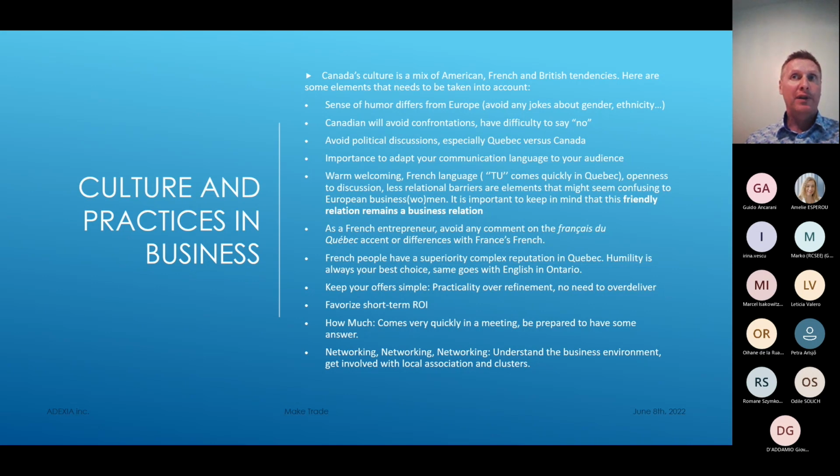And nobody is offended by that. They just do networking to do networking, and when they go to an event, they try to find who has the right contact for them, and they don't waste any time with people who can't bring them any value. It's just the way it is.